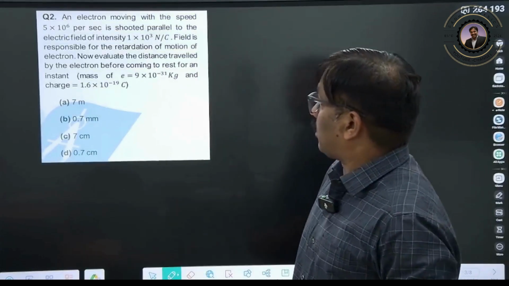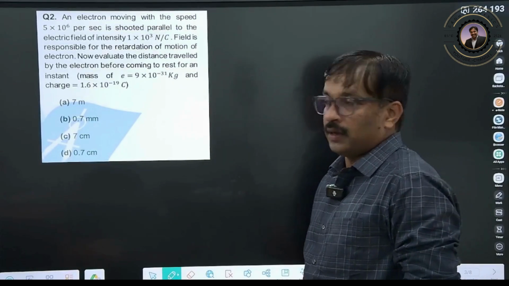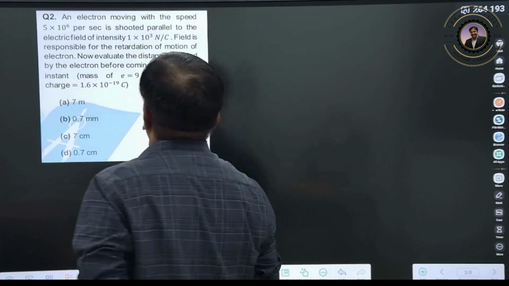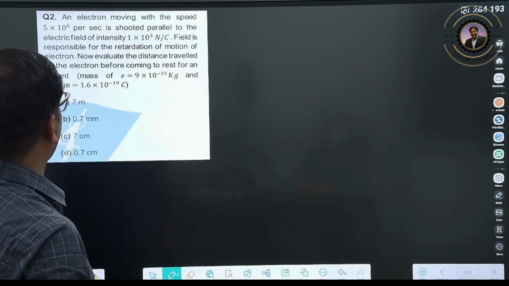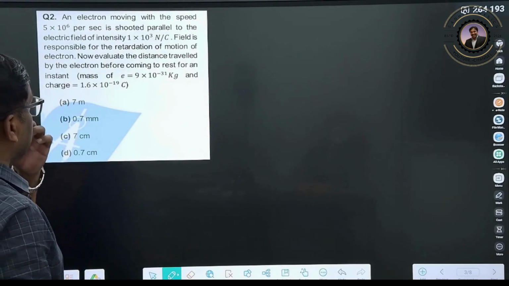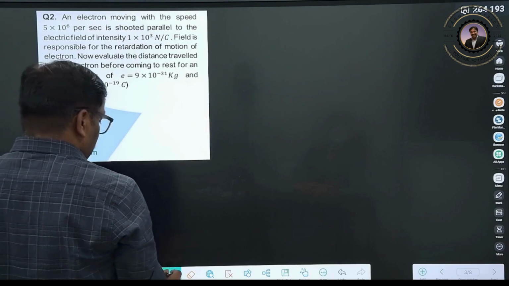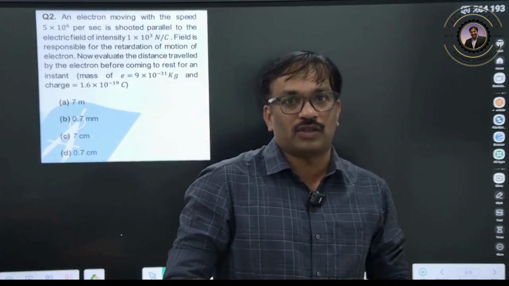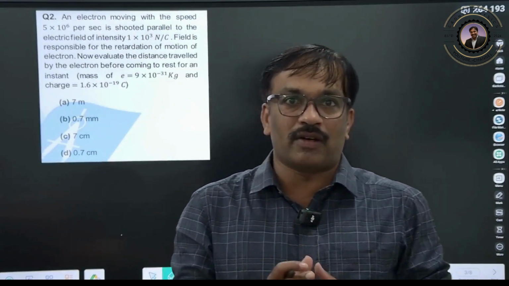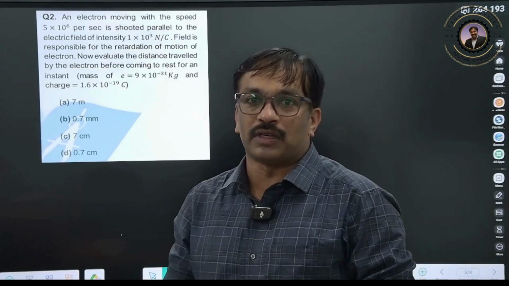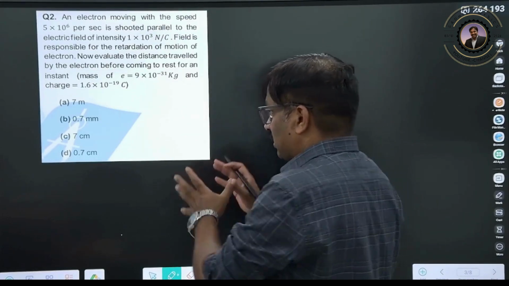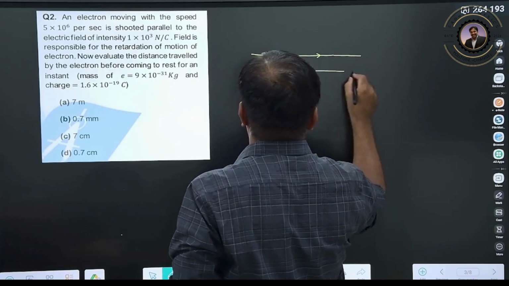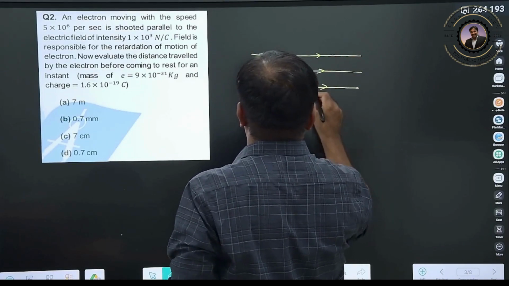Right students, we'll do one more question here. An electron is moving with a speed of 5 into 10 to the power of 6 meters per second, parallel to this one. In physics, you should read the question, then afterwards analyze that question, right? So what is given? There is a uniform electric field given.